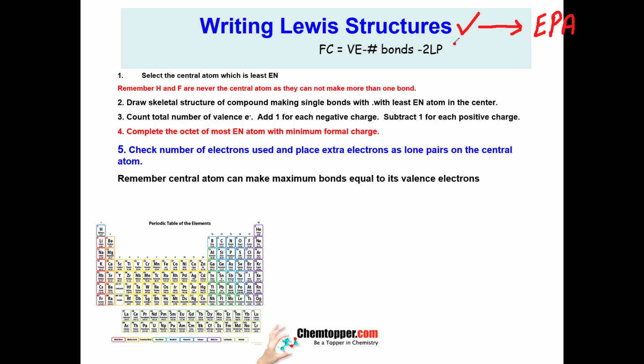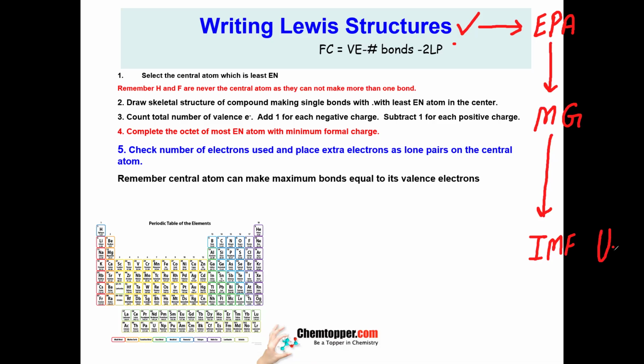If you do error here, then your EPA will be wrong. And this EPA will decide the molecular geometry. EPA means, I'll give you the full forms. And the molecular geometry will decide the IMF.